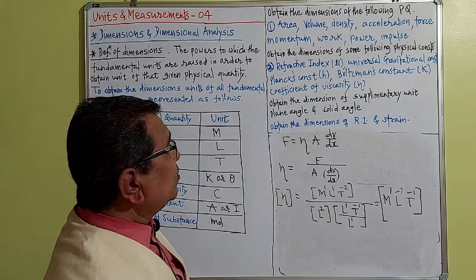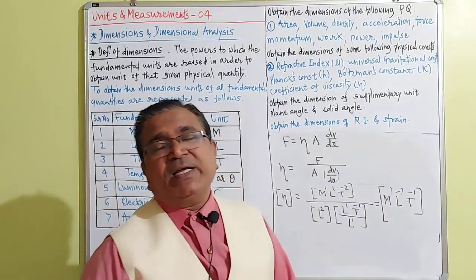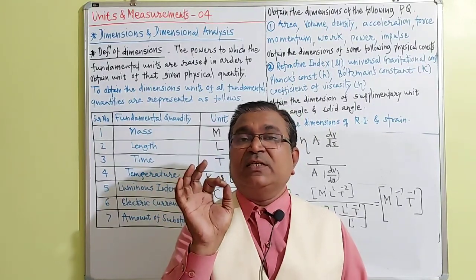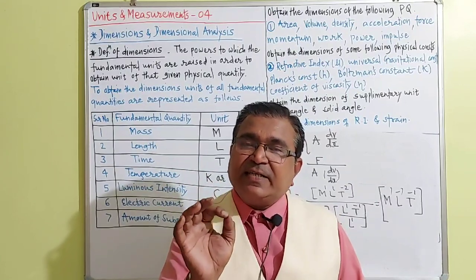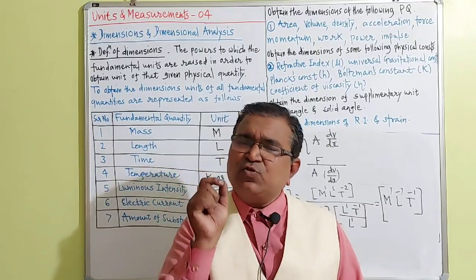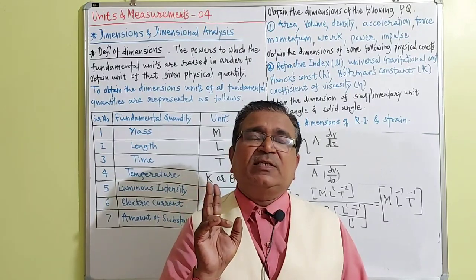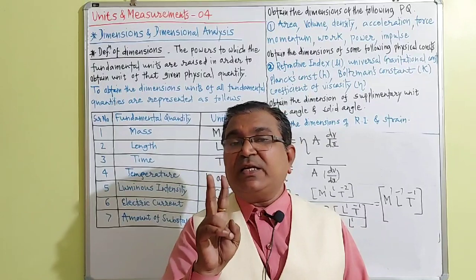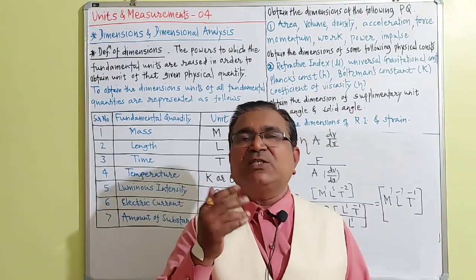Then obtain the dimension of the supplementary units, plane angle and solid angle. These are the two supplementary units, dear student. They have SI units, radian and steradian, but they have no dimension. There may be a question: name any two physical quantities which have a unit but no dimension.